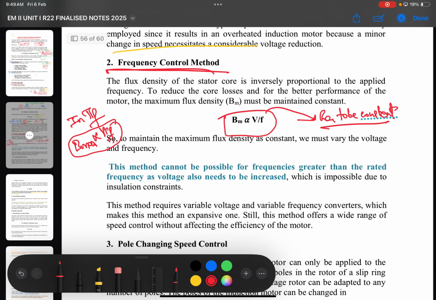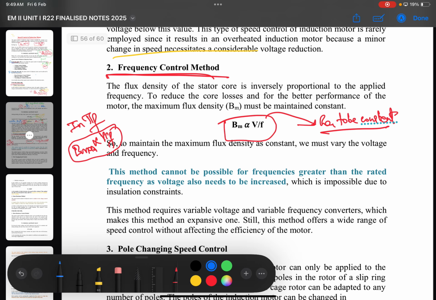Let me take a small example here. If V1 is 230 volts and F1 is 50 Hz, then what is Bmax? 230 by 50, that is 4.6.